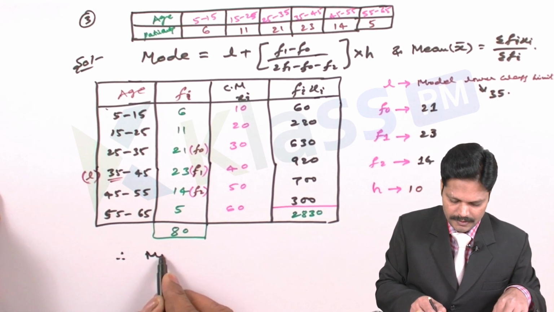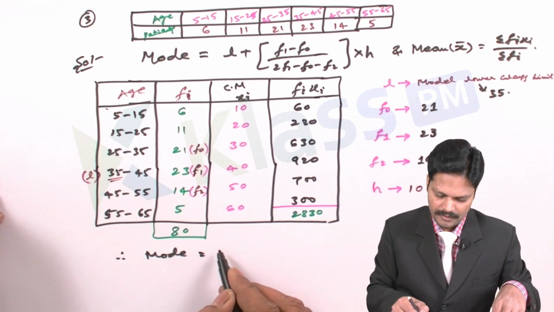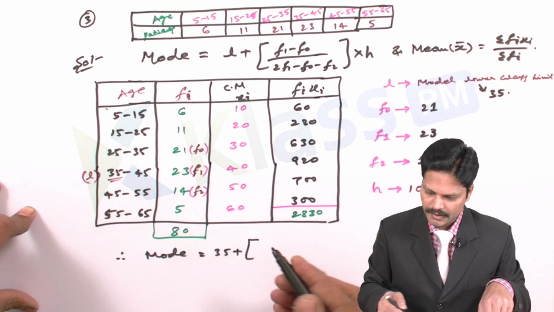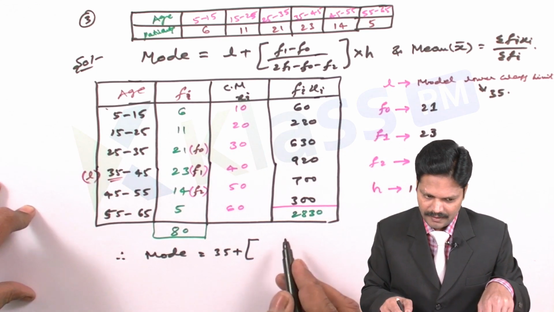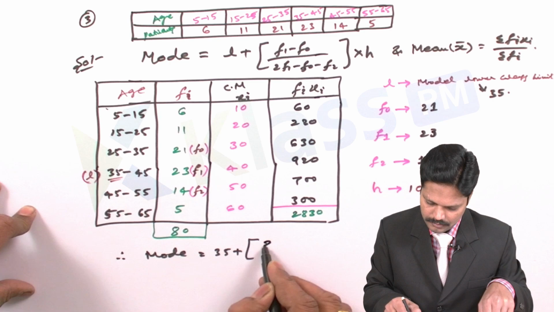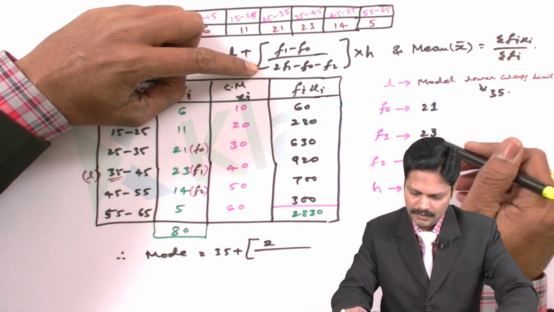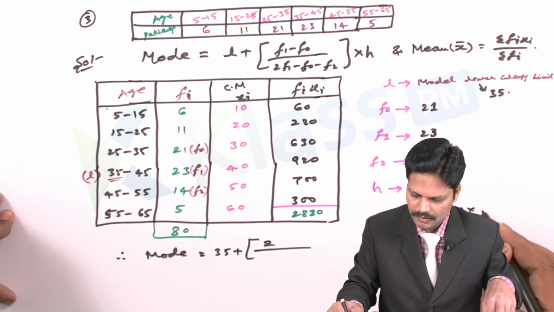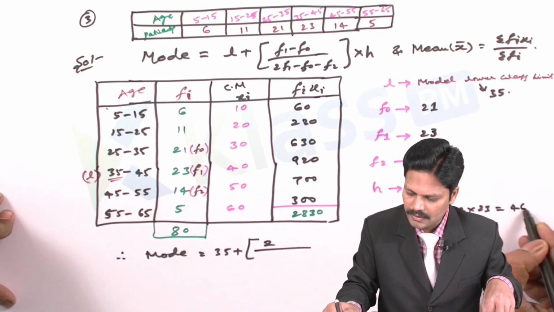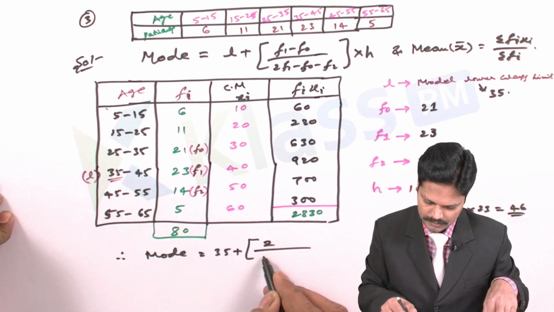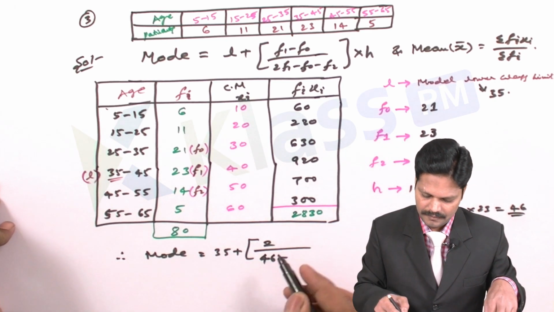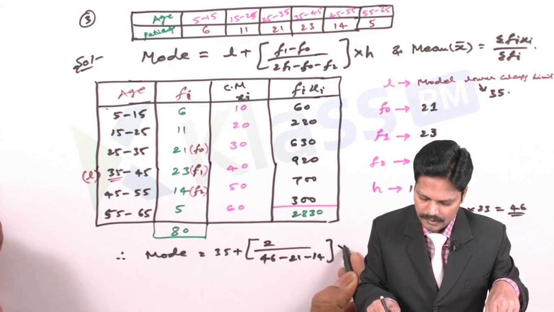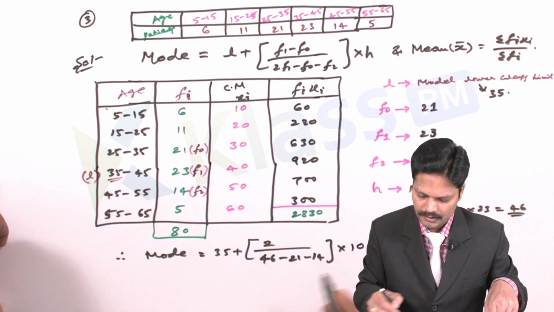Therefore we need to find the mode by substituting the values. 35 plus F1 minus F0, 23 minus 21, the value is 2, by 2 times F1, that is 2 into 23, 46, minus F0, which is 21, and F2 is 14, and the height is 10.